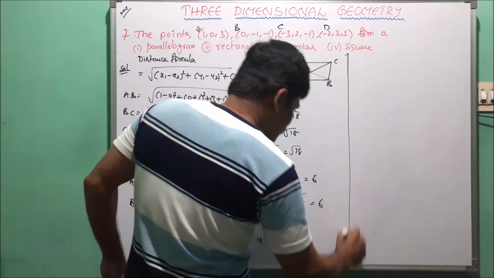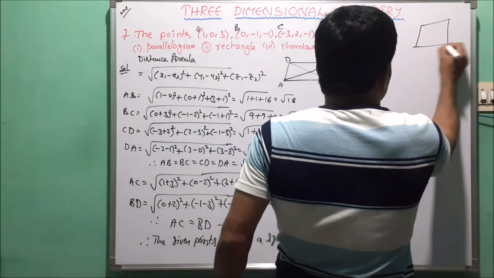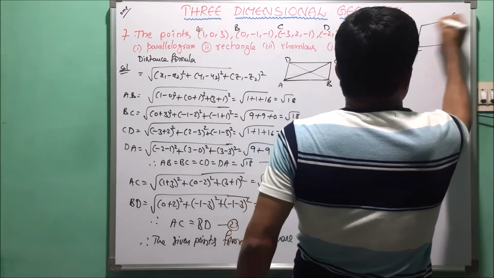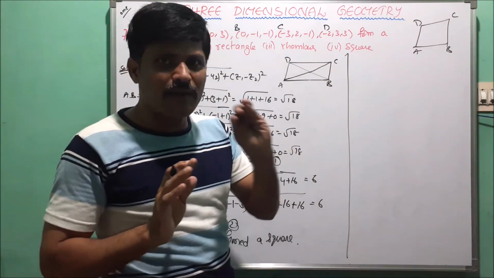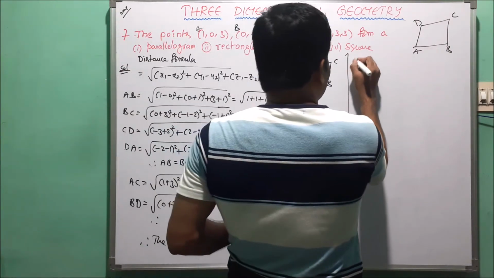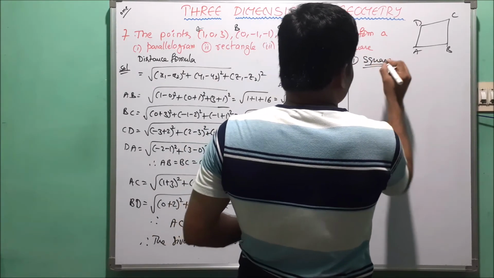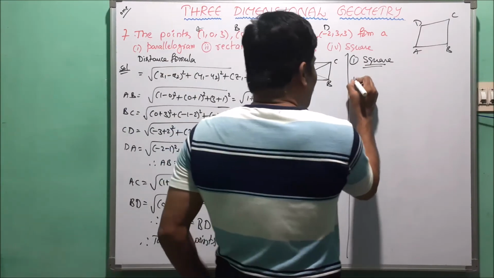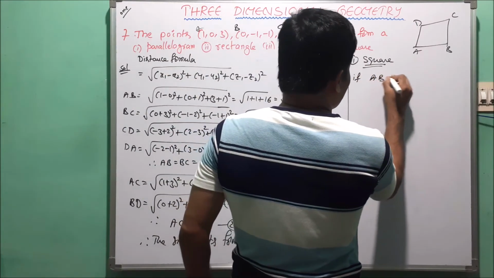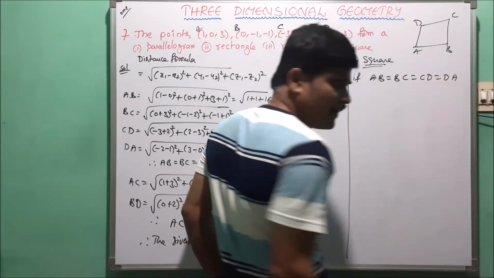So here first we have to observe, here A, B, C, D are the 4 vertices. In that the first one, these vertices will form a square if all sides are equal, AB equal to BC equal to CD equal to DA.